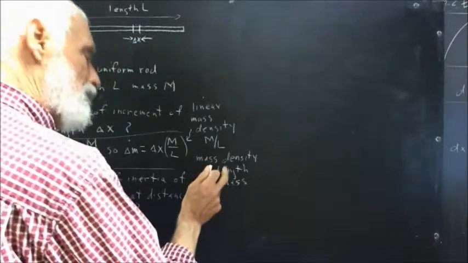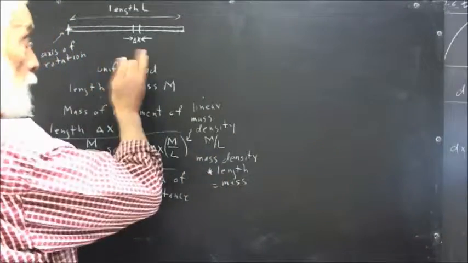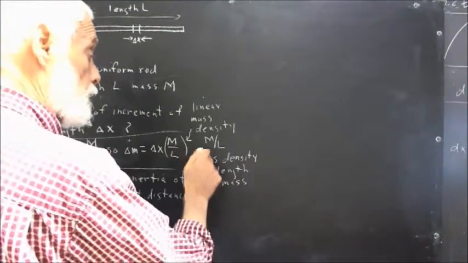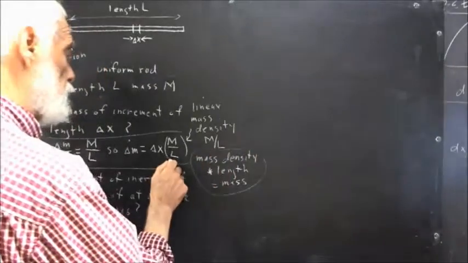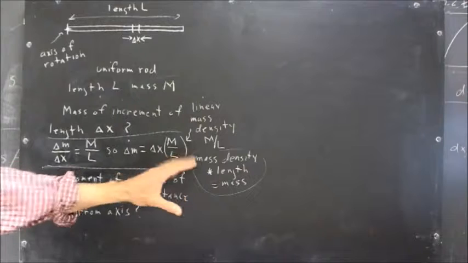And by a length here, I don't mean the total length of the rod, I mean any length within the rod. And that should be a fairly straightforward idea for you to grasp.